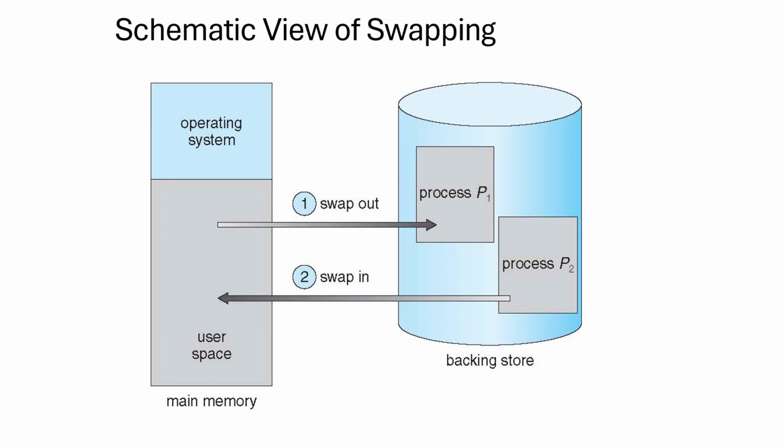Swapping is taking a process out of main memory and placing it in secondary storage, and then it has to be brought back to main memory. Placing a process from main memory into secondary storage is called swap out, and placing it back into the main memory is called swap in.